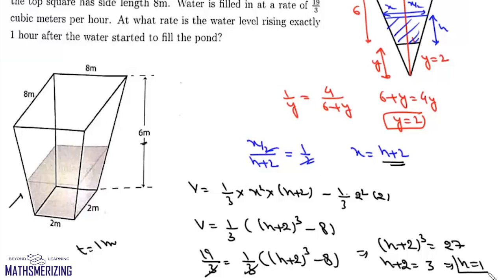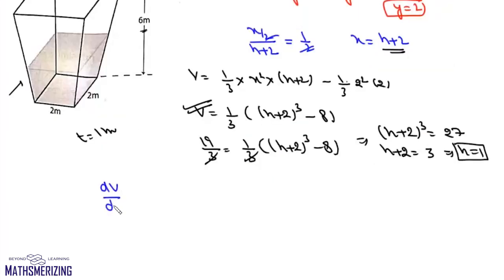So we need to find the rate of change of height when the value of h is 1 and when the value of V is 19 by 3. And in order to find dh by dt, we differentiate this function. We can write dV upon dt will be equal to 1 by 3 into 3 into (h plus 2) square into dh by dt. Now 3 and 3 will cancel.